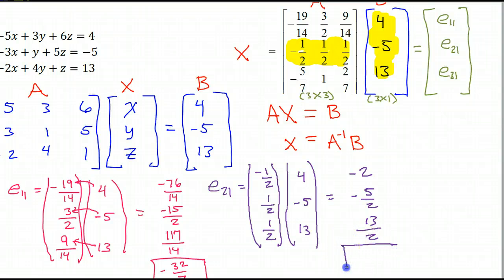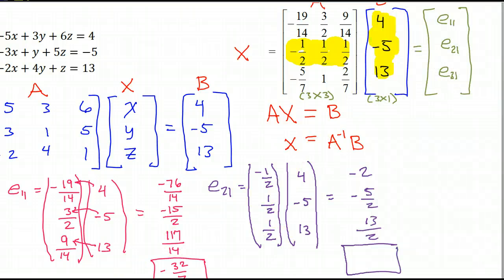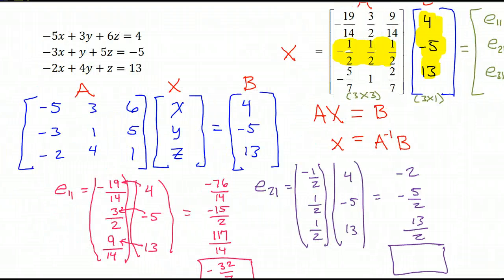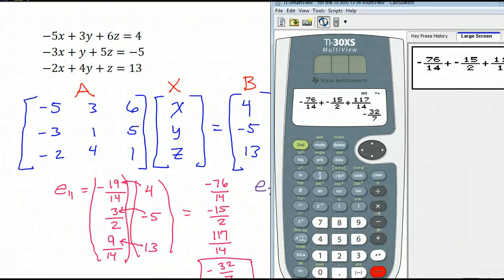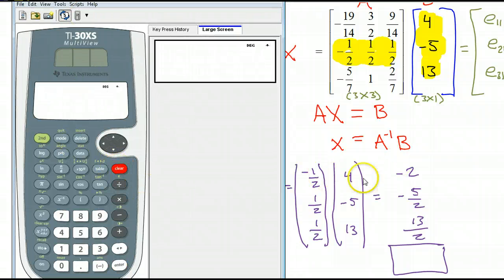I'm supposed to add all these together. So I've got negative 2, negative 5 over 2, 13 over 2.